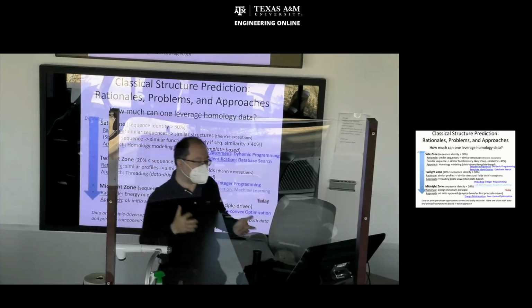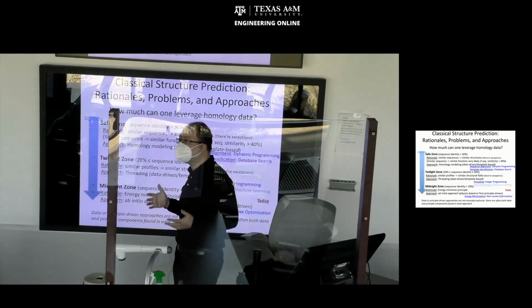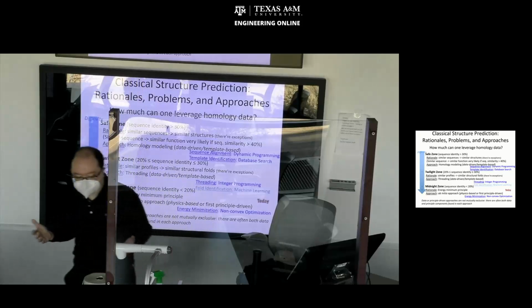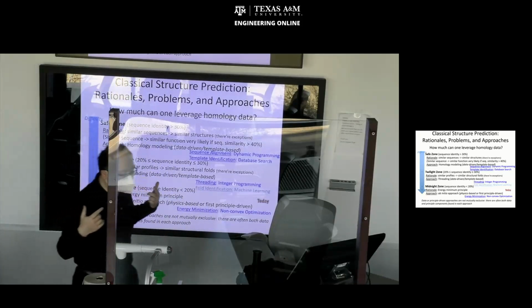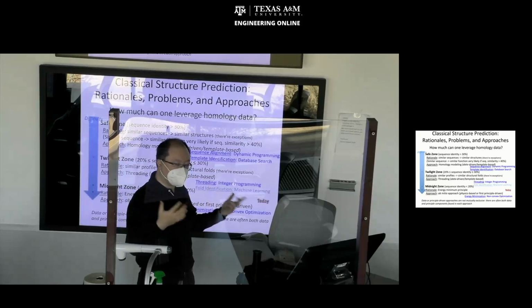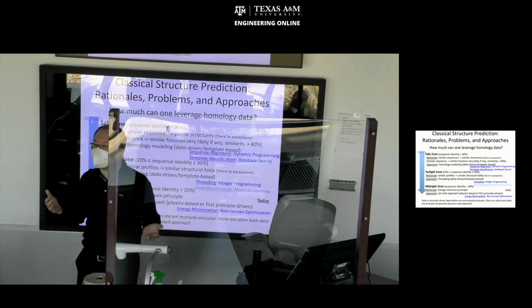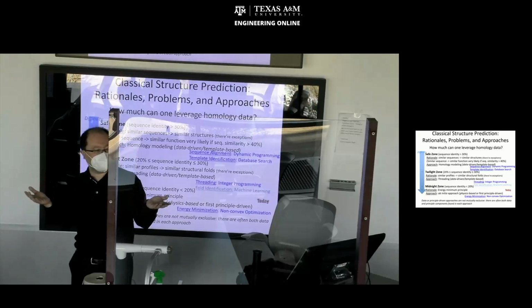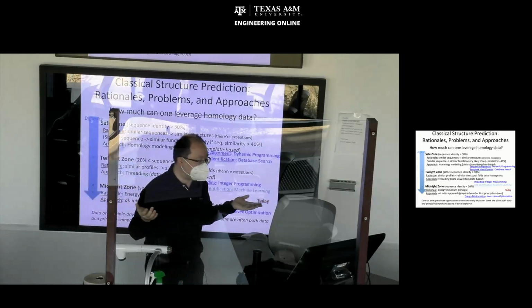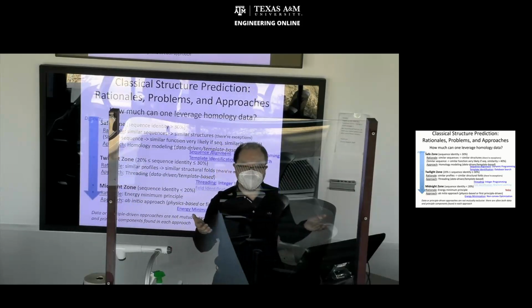So that's exactly what RaptorX was utilizing. Of course, this additional information brings additional opportunity, but it also brings challenges, because now it's no longer a problem that can be easily solved by alignment.